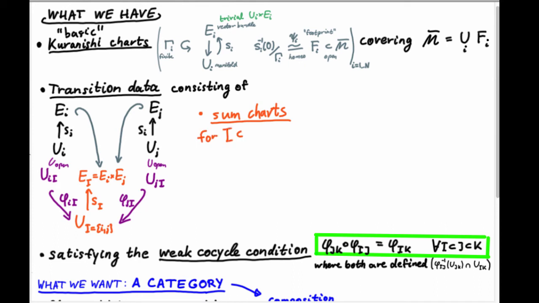Here I just had an overlap of two charts. In general, I could take any subset of my n charts that cover my moduli space. And when is it that I need an overlap? It's when the intersection of all the footprints is not empty.